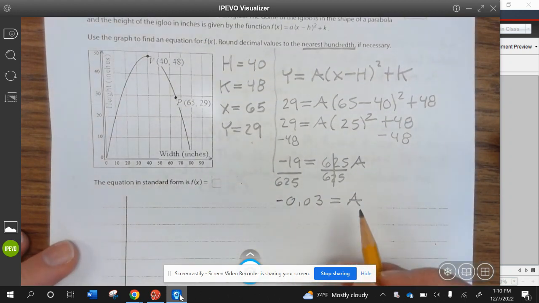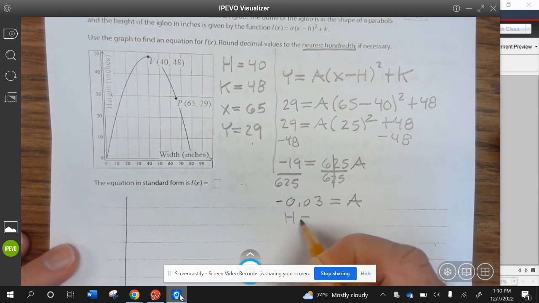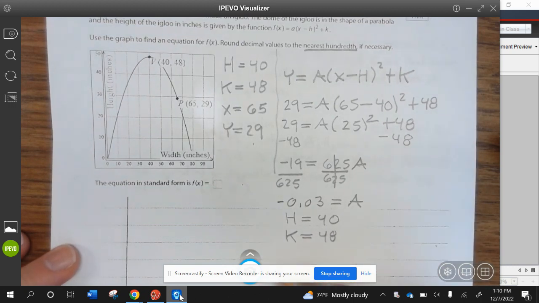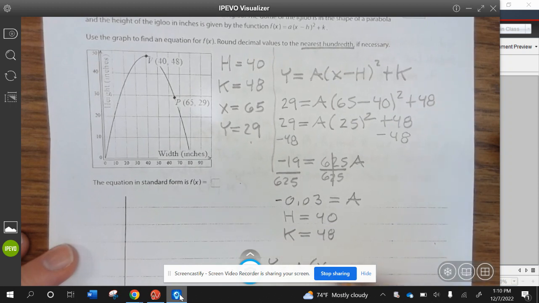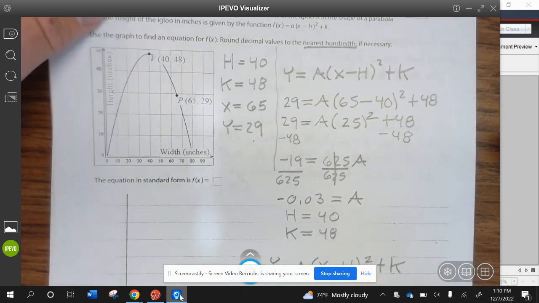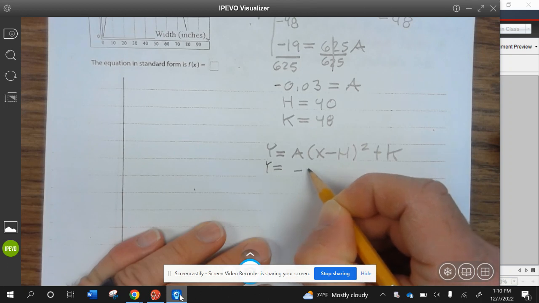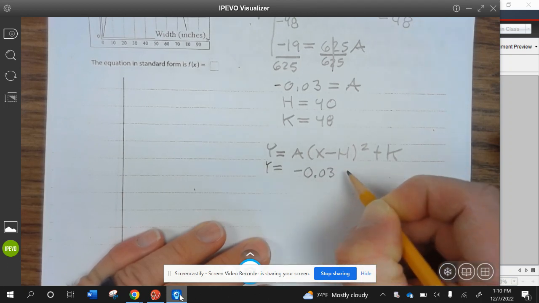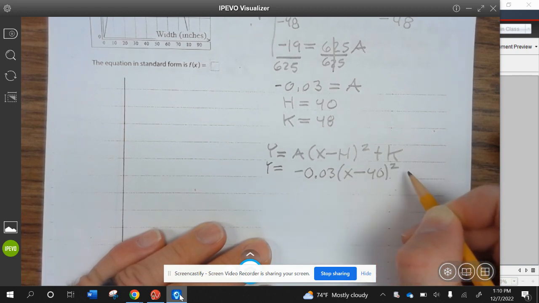So our equation, we now have a. We remember that h is 40 and k is 48. And we're going to plug that into the formula y equals a, parentheses x minus h squared plus k. So y equals, our a is negative 0.03 times x minus 40 squared plus 48.